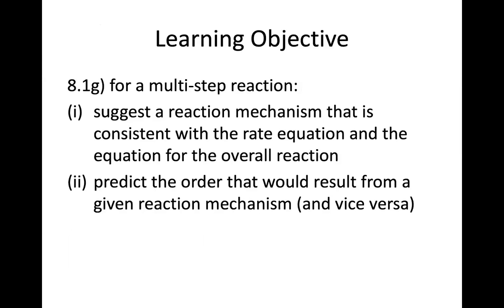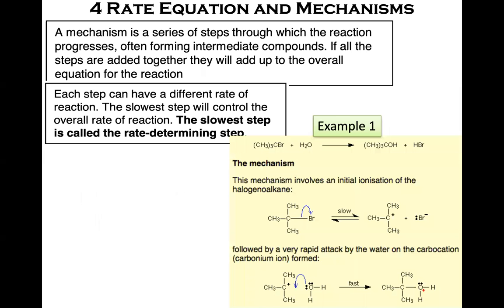The next one, I will just talk about it briefly since we have 8 minutes left. We're going to look at the mechanism of a reaction. Actually, your mechanism, if you still remember, is these steps, the processes that show the movement of electrons.